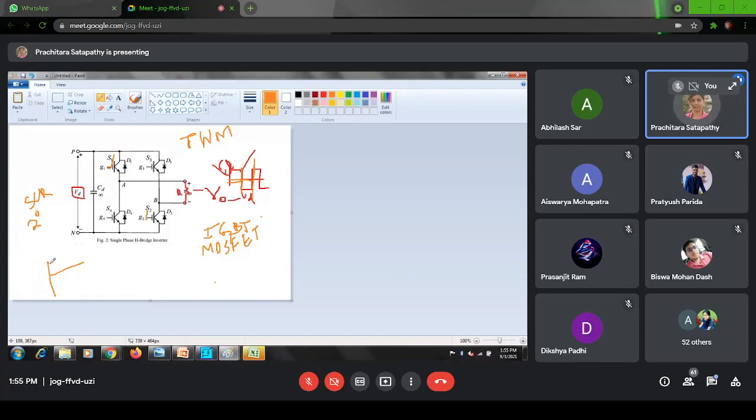If I draw the gate pulse, it will look like this, that continuously you have to give the pulse. So this is my gate pulse, G1 and G2 are the same, so I'm writing G1 and 2. Next, G3 and G4 will be like this: first half it will be 0, then next half it will be there, understood?